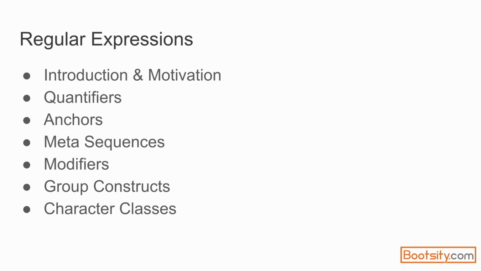Modifiers are something in which we can say I want to match this particular regular expression globally, or it should be case sensitive or it should not be case sensitive. Group constructs help us to make groups of different regular expressions in short form notations, and then character classes are predefined notations of different groups of characters, for example alphanumeric characters and digits.